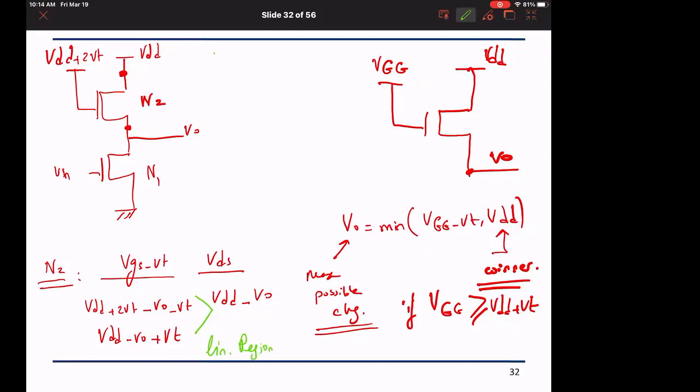And this is why we call this linear enhancement MOSFET. Okay, يعني in this scenario we allow VO to reach VDD. We can have a VOH, okay, that reaches VDD, and the transistor is therefore going to operate in the linear region.